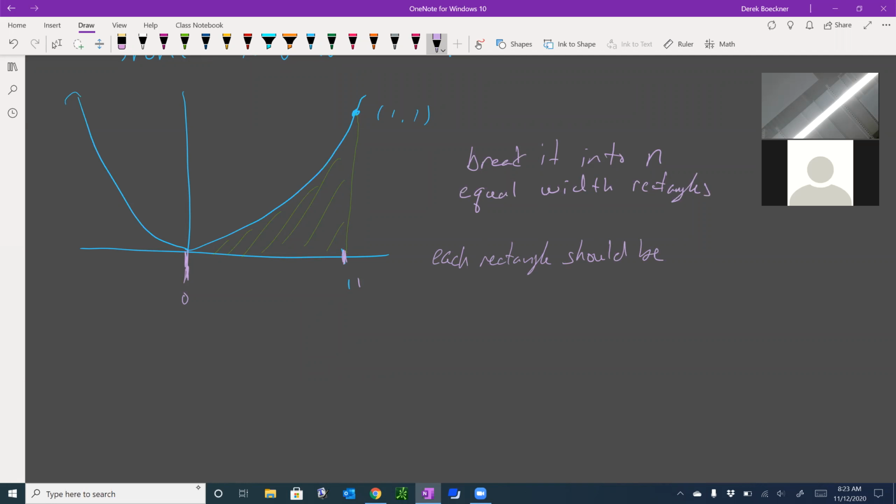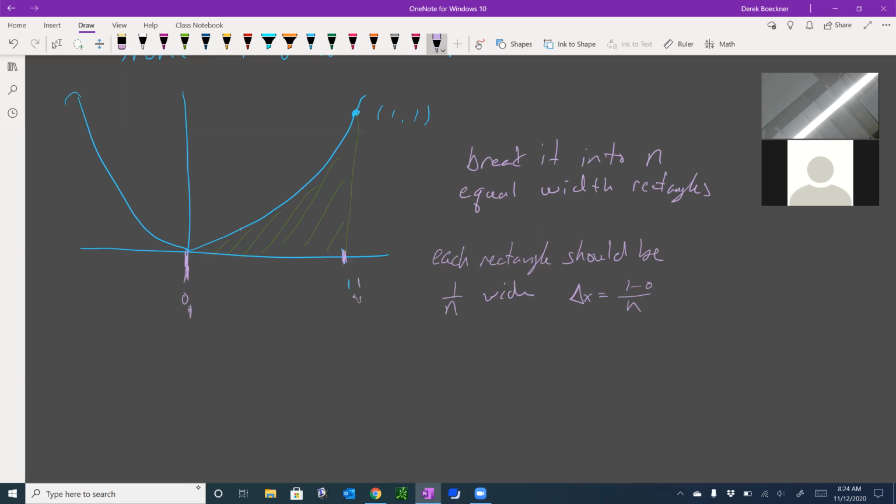One over n wide. The width of the rectangles, that delta x, is 1 minus 0, the ending value minus the starting value, divided by the number of rectangles. If I have n rectangles, each 1 over n wide, together they are 1 wide. Okay.